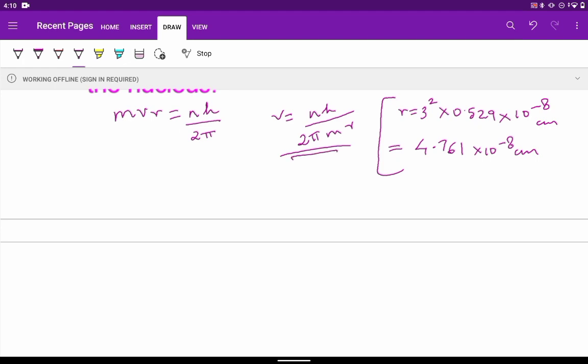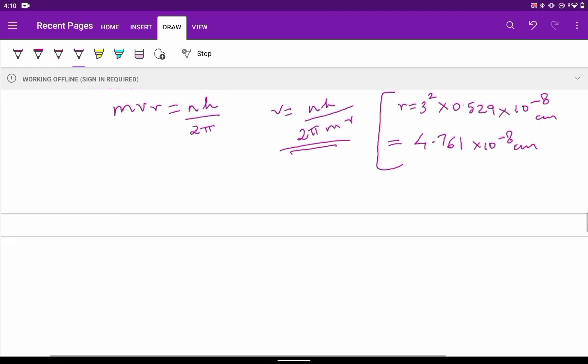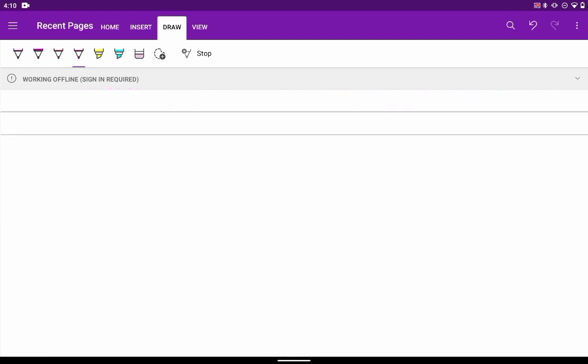This r value we put here. So what we get? V equal to n is 3. 3 into h, 6.624 into 10 to the power minus 27 divided by 2 pi.